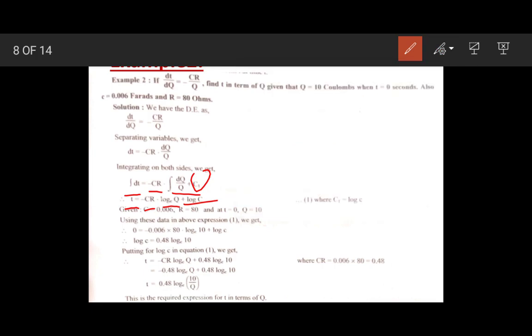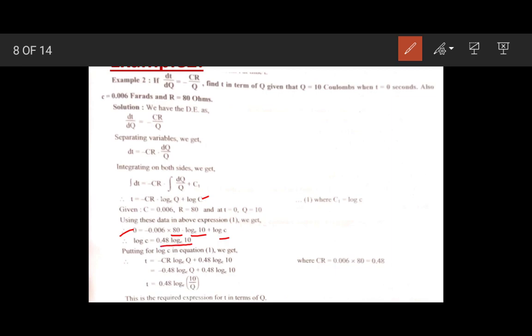Now values are given. C is 0.006, R is 80, Q is 10 and T is 0. When we substitute these values in this equation, we get 0 is equal to minus 0.48 into log of 10 plus log C. So log C is equal to 0.48 into log 10.